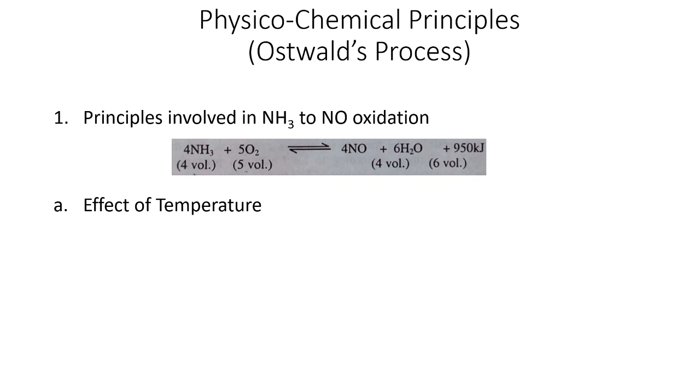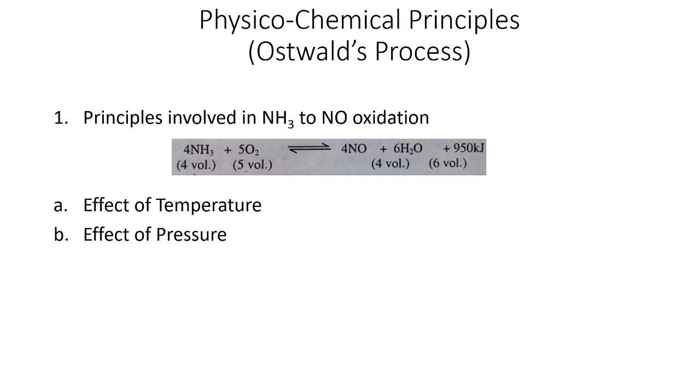While discussing the reactor, I told you the heating arrangement is there, which heats the catalyst. Initially you have to heat, but as the reaction proceeds, since the reaction is exothermic, it can self-sufficiently maintain the 800 degrees Celsius temperature. So this is the effect of temperature.